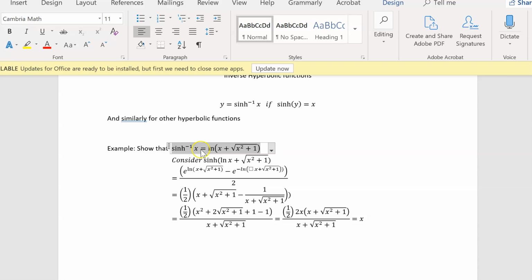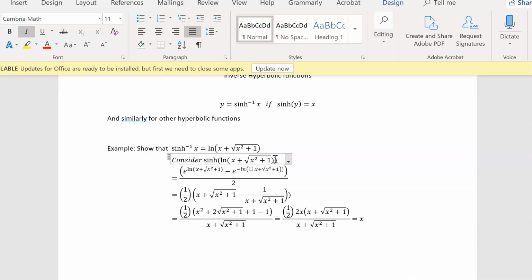Okay, so one way of proving that would be, if you want to prove that the inverse sinh of x is equal to natural log of this, then it's the same as if you can show that the sinh of the natural log of this is actually equal to x. Okay, so to be careful, let's put a little parenthesis here to show that we are taking the sinh of the natural log.